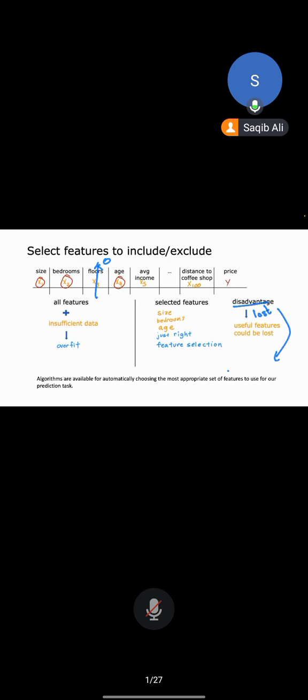Our model may become underfit. So excluding or including features is a little bit tricky. You have to work with different features to see which features are important and which features we can ignore. Later on, if you go on in this field, you will find some algorithms which will help you in feature selection.